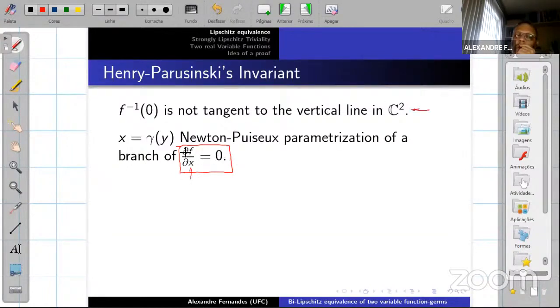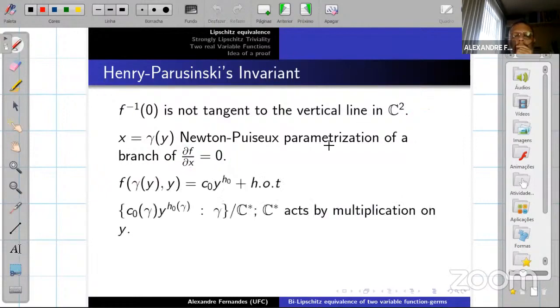Maybe you have more than one branch. You take one of them, take a Newton-Puiseux parametrization, and you take the development of this function here. You compose this parametrization of this branch, okay? Here we are writing x as a function of y.